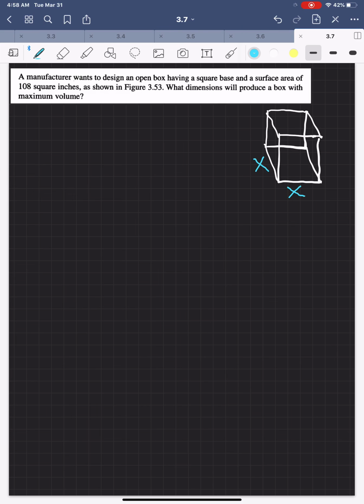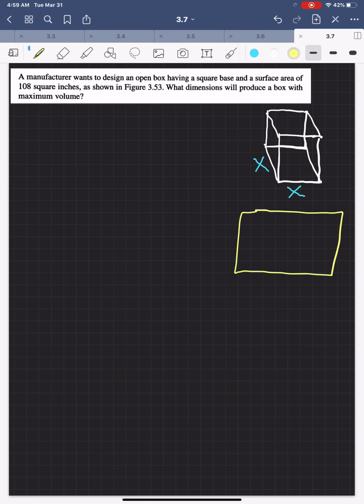Now, again, I don't like to just keep going. Does it make sense to you that right now you're staring at a flat piece of cardboard, right? That you're the manufacturer and you just have a flat piece of cardboard. Now, what you're going to do is fold this up to make a box without a top on it. And you don't care what this box looks like.